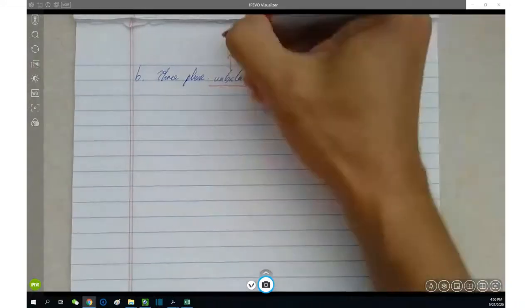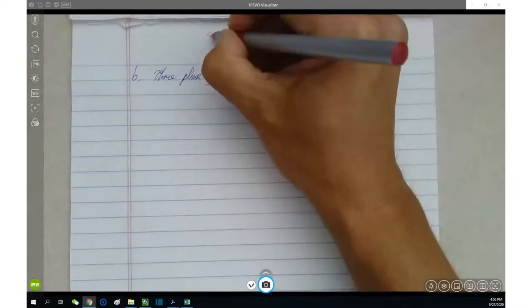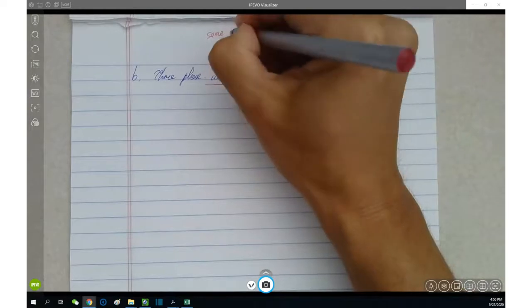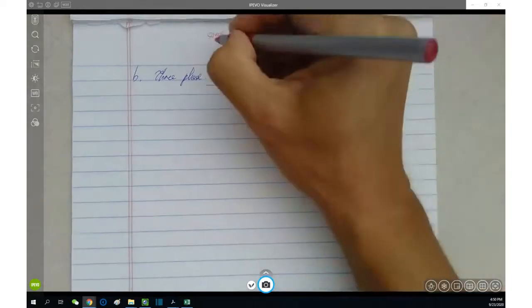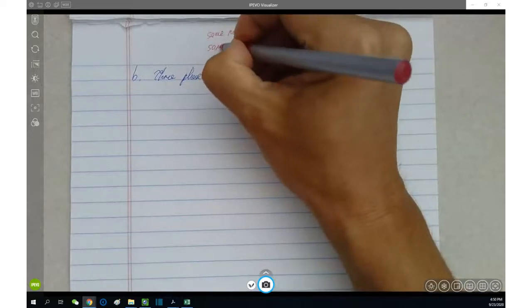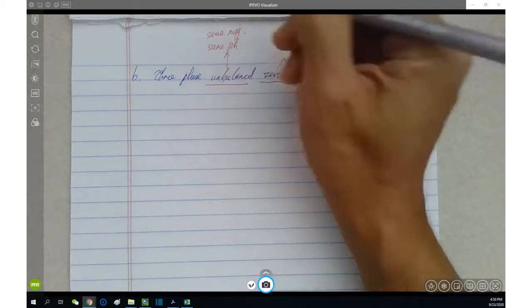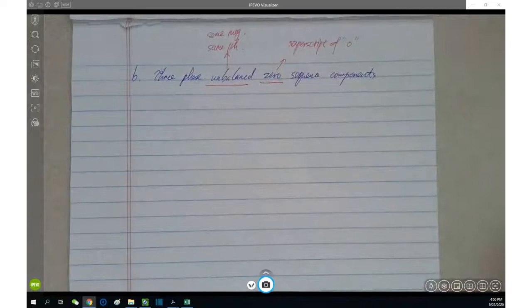Listen carefully. You have same magnitude among three phases, but what? Same phase angle. Be very careful, okay? Same magnitude is a good thing. However, same phase is a bad thing among three phases. It is introducing unbalance. Be very careful.